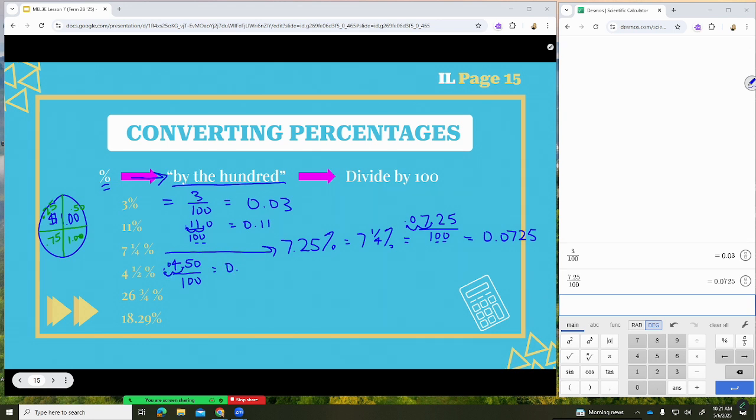We get 0.045, and you can have the 0 or not, it's a placeholder. 26.75 is like thinking of 75 cents. We still have to divide it by 100. Move your decimal place 2 spots because there are 2 zeros, and you get 0.2675.